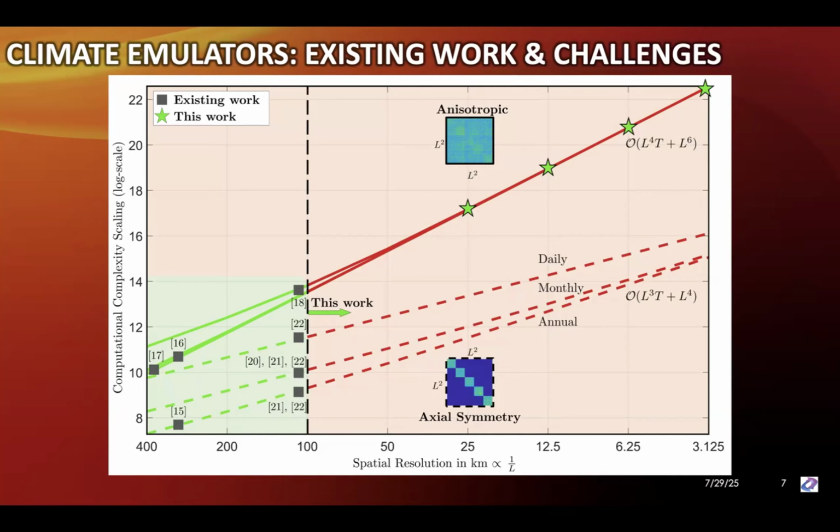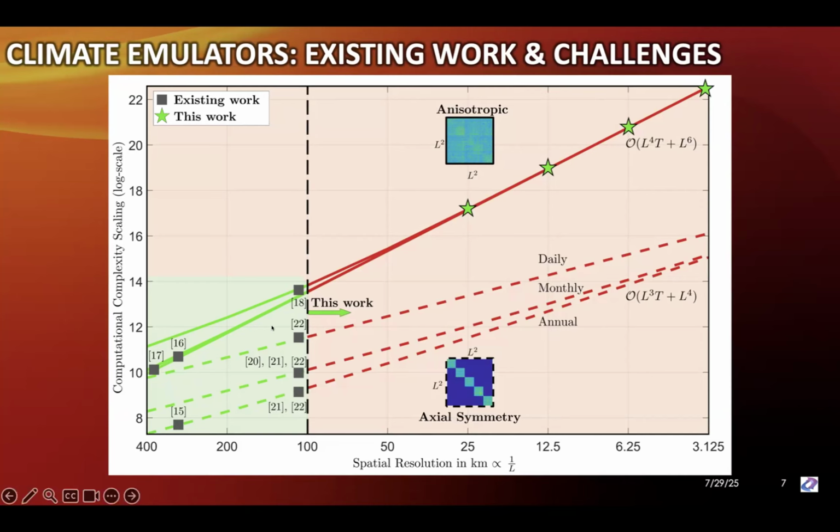You can easily see that all the existing work, in those boxes, cannot go beyond 100 kilometer resolution. In our work, we reached 3.125 kilometer resolution. You can see how we scaled our climate emulator to cover a finer resolution compared to other works, and you can see the extension that we are doing here.